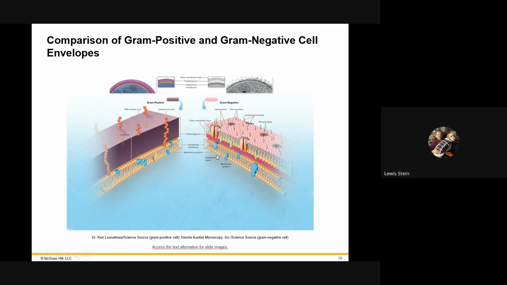We get over here, and it doesn't look at all the same. You've got a standard membrane, looks just like this membrane on the inside. We don't even call it the cell membrane. We call it the inner membrane because on the outside we have another membrane, the outer membrane. And the outer membrane, as you can see, has an inner layer that looks just like these two inner layers, this bilayer, but the outer layer is totally different.